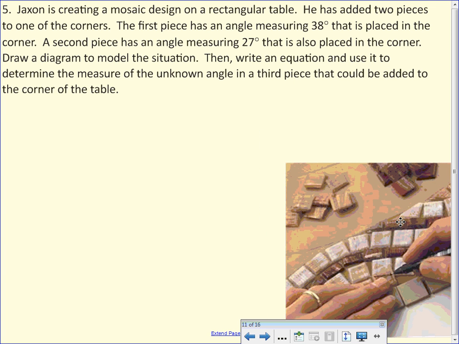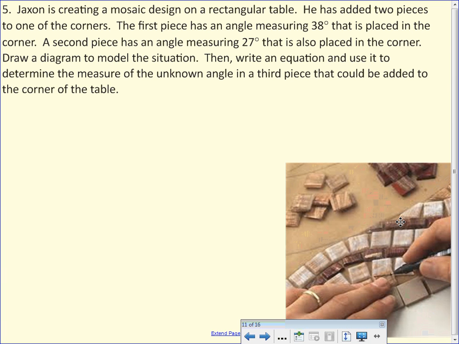So, Jackson is creating a mosaic design on a rectangular table. So if it's a rectangular table, what do we know about the corners? What do we know about rectangles? Yep, so all four corners are right angles. He has added two pieces to one of the corners.